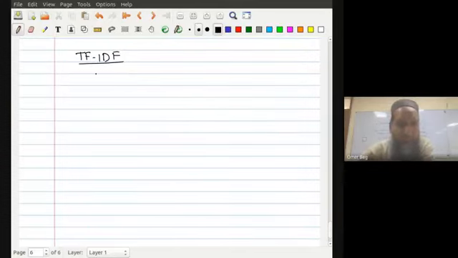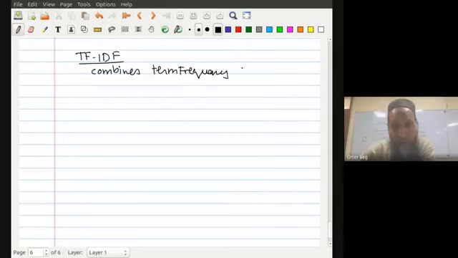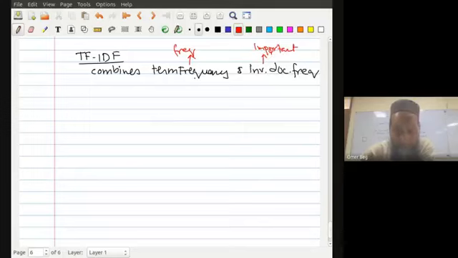So this TF-IDF, as you can imagine, combines the notions of term frequency and inverse document frequency. Here we are getting frequent terms, and here we are getting important terms.